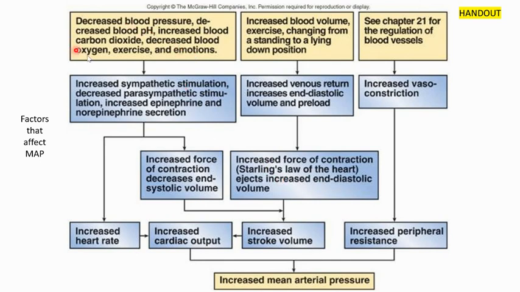So let's take a look at what's in these yellow boxes up here, which is ultimately going to cause an increase in mean arterial pressure. It's going to increase either cardiac output and or peripheral resistance.